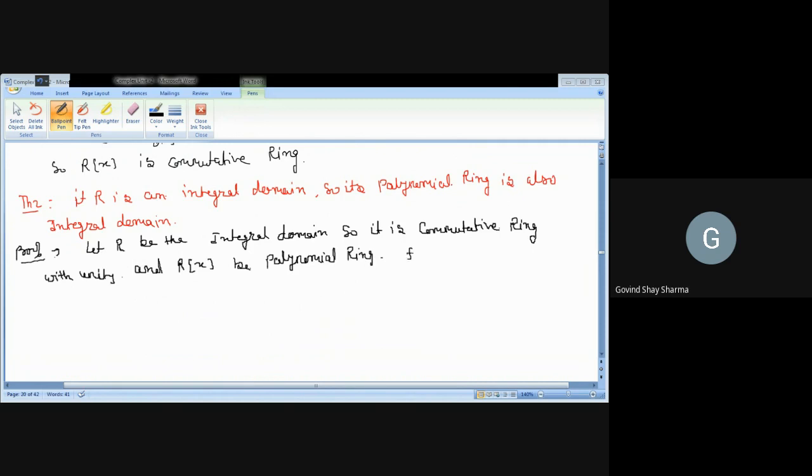We take f and g below. Now f dot g, where f has coefficients a0, a1, a2 and g has coefficients b0, b1, b2.